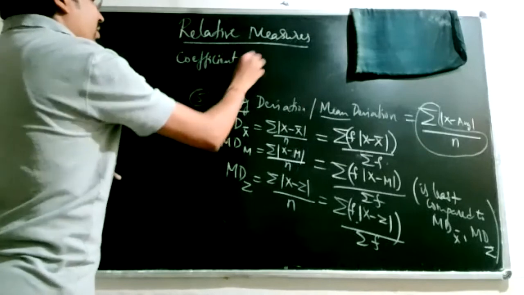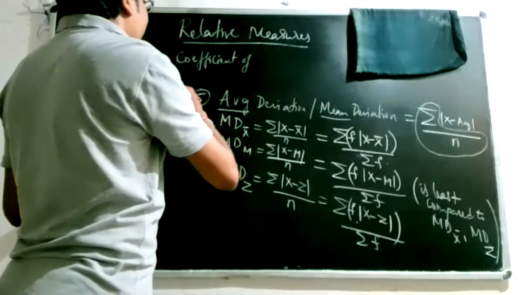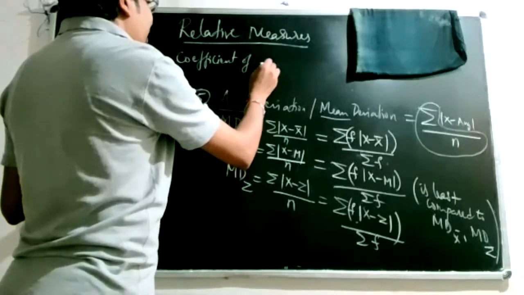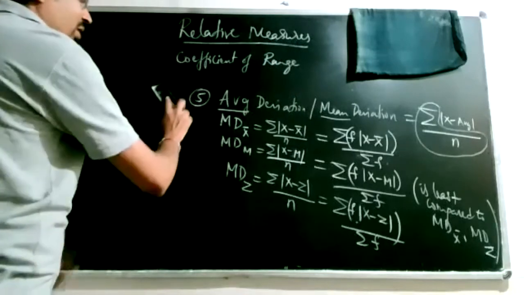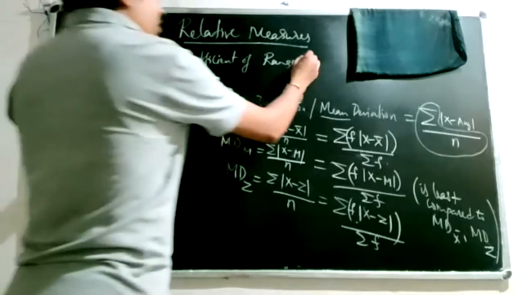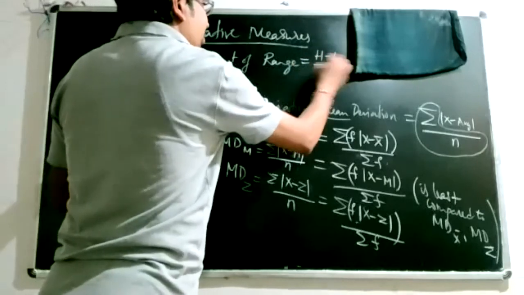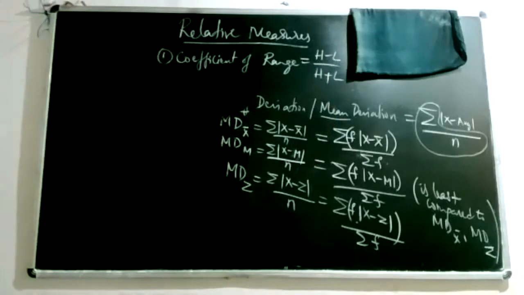And most of the measures which we define as unitless in the field of statistics are termed coefficients. So the such measure for range is the coefficient of range, that is given by the ratio of the difference over the sum of the highest and lowest value.